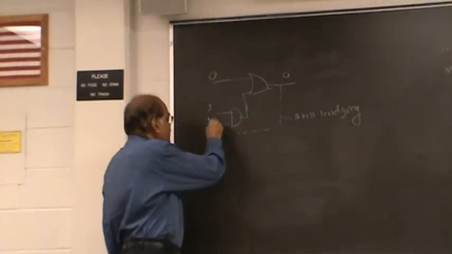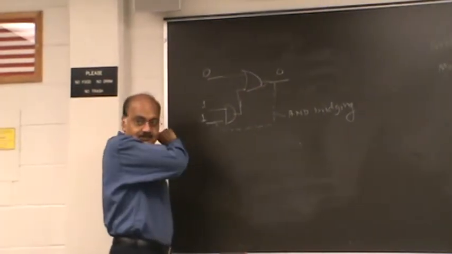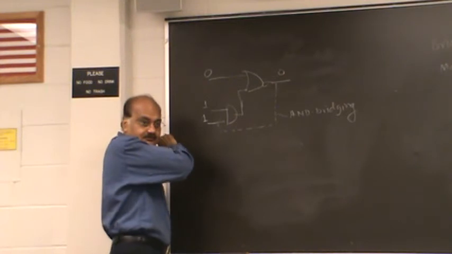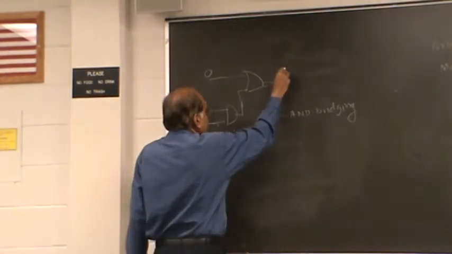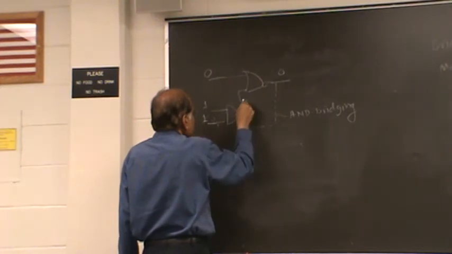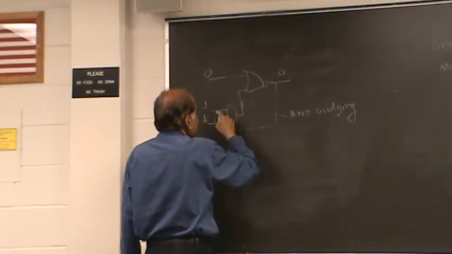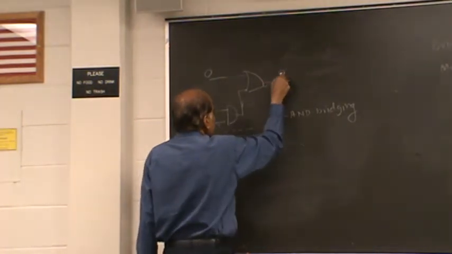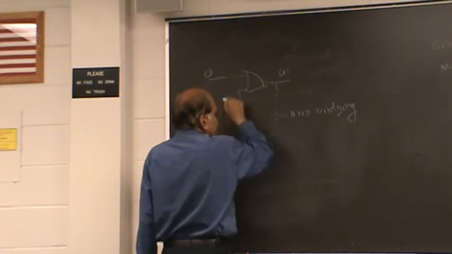Do you think they are both going to be replaced by 0? If we replace both of them by 0, this one becomes a 0, and this 0 then becomes a 1, and it will keep on going.